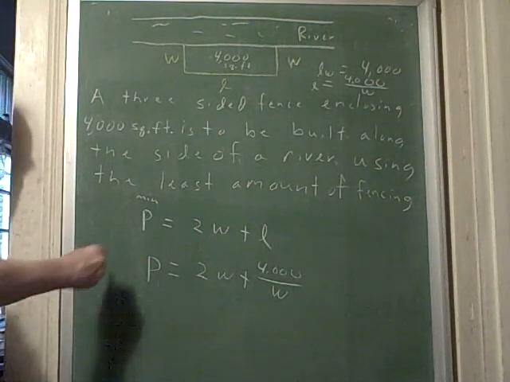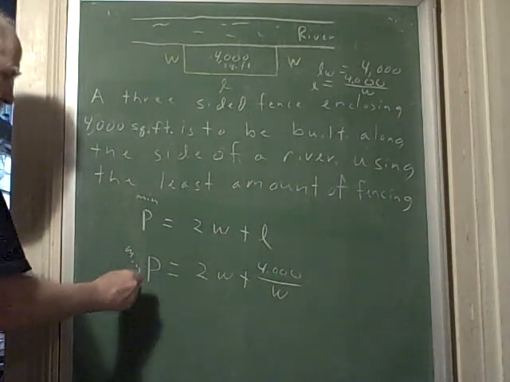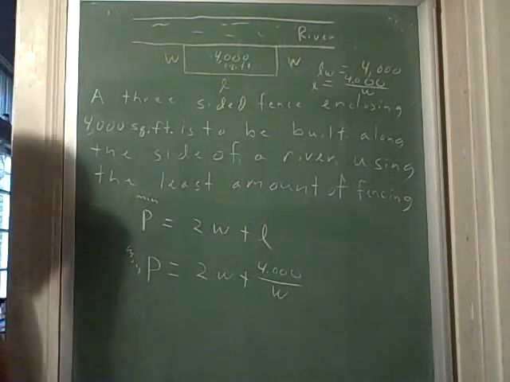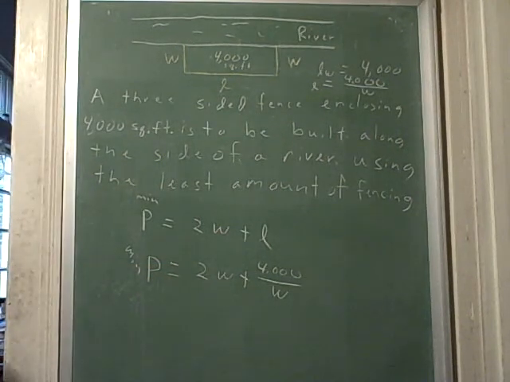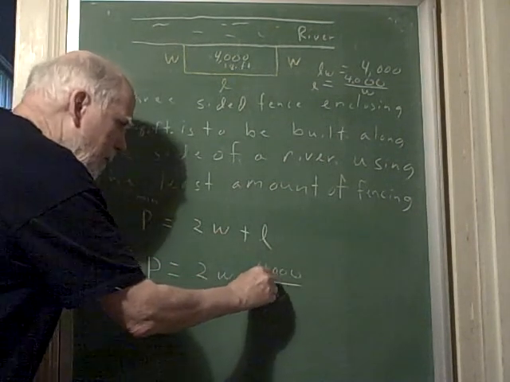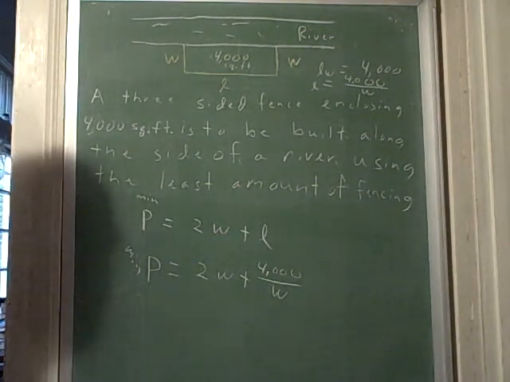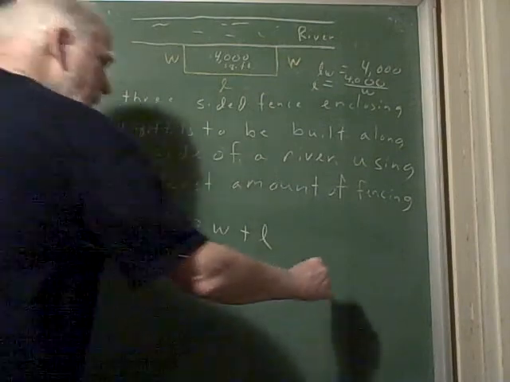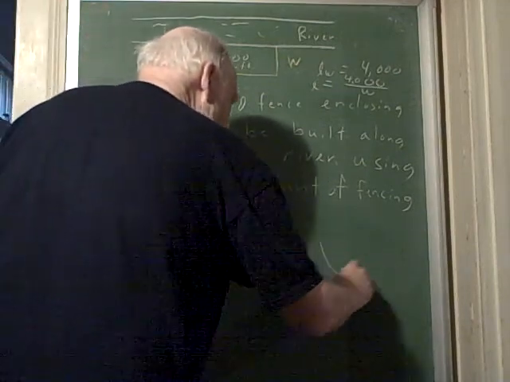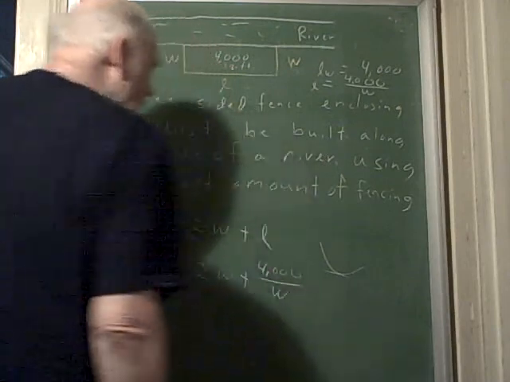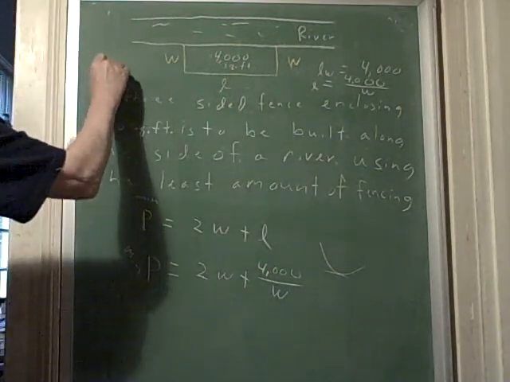Okay, and we want to minimize this P. Well, here we have a function in one variable. It's a rational function. And this is a comma, by the way, not a decimal point. If we could graph this and take a look at it, we suspect that if there's a minimum, it's going to look something like this. It's going to come down and have a minimum point right there. By the way, W itself has to be greater than 0.